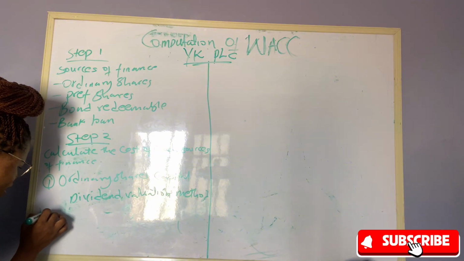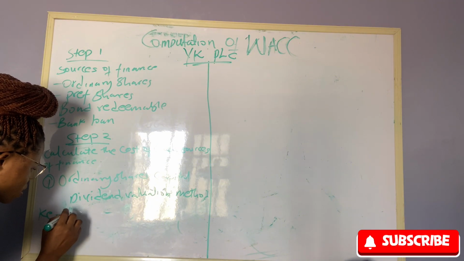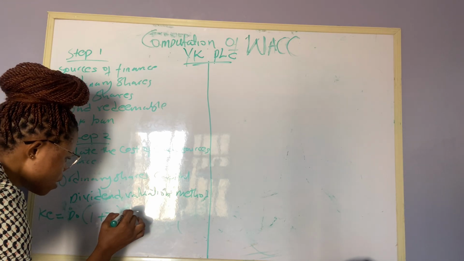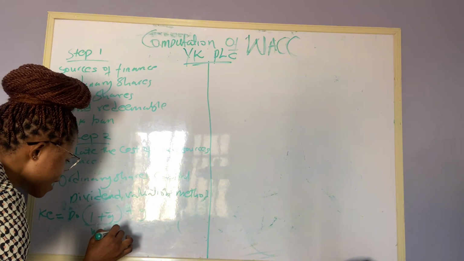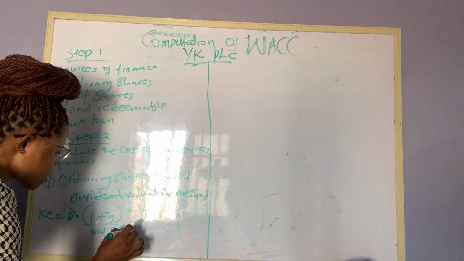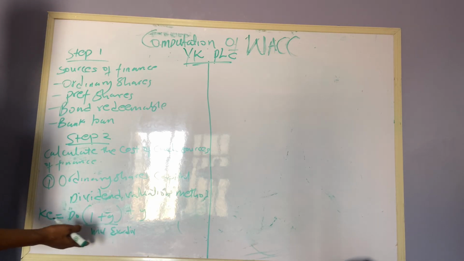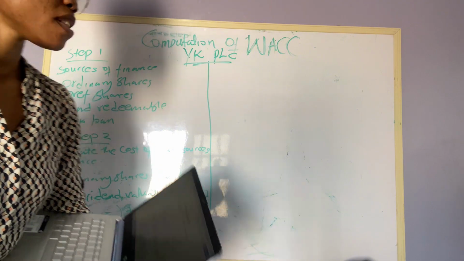KE is equal to D0 (1 plus g) all over market value ex-div, plus g. This is the formula we're going to use, because looking at the question, it shows that dividend is growing.